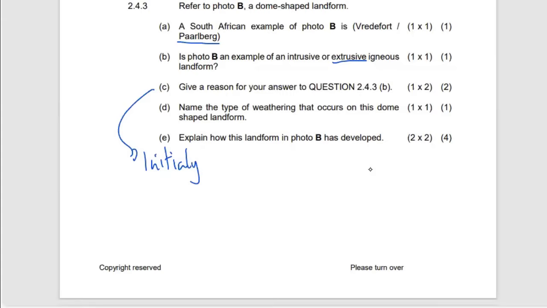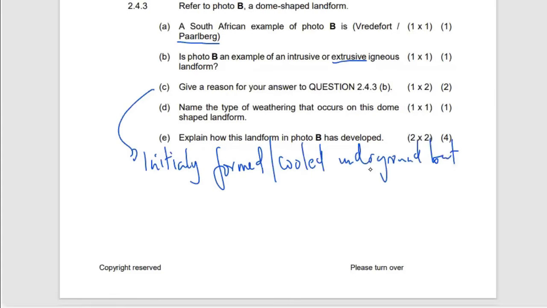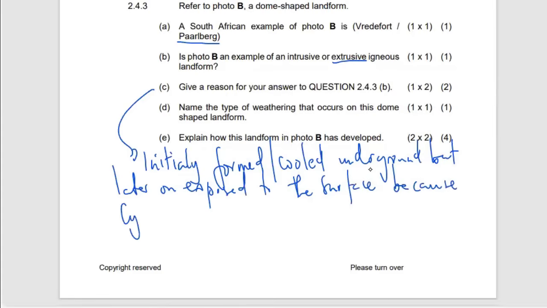It's exposed to the surface. Initially, it was an intrusive, formed or cooled underground, but later on exposed to the surface because of cycles of erosion.